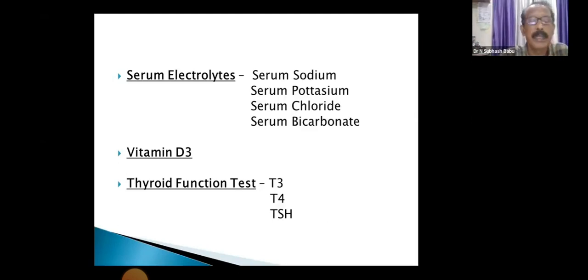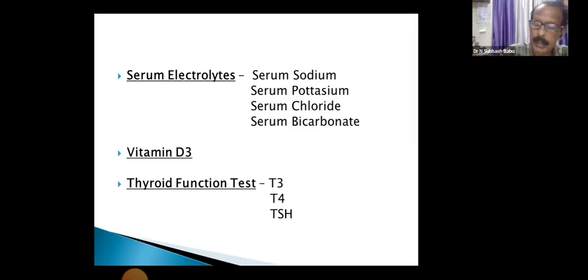Then comes the commonest test that you have to perform in our clinical practice, that is the thyroid function test. As you know, we mainly do three tests: T3, T4, and TSH. And TSH is very important because, like vitamin D3, subclinical hypothyroidism is a common issue in our state and in our country.